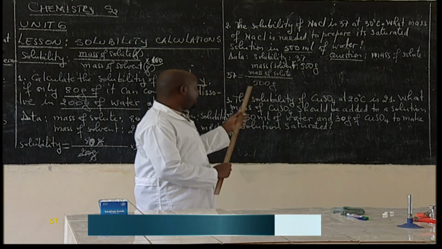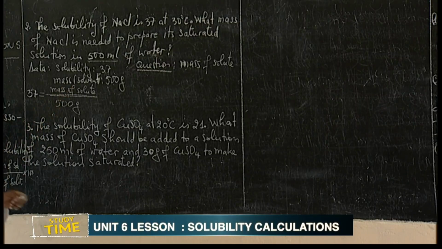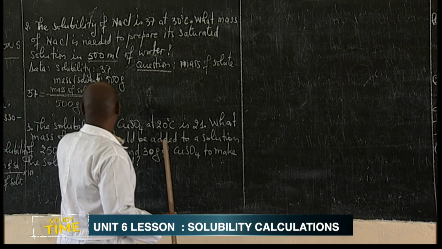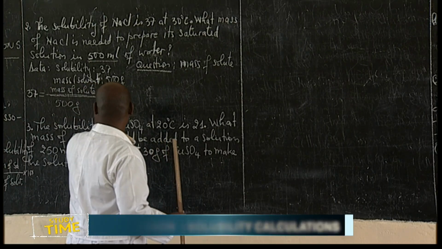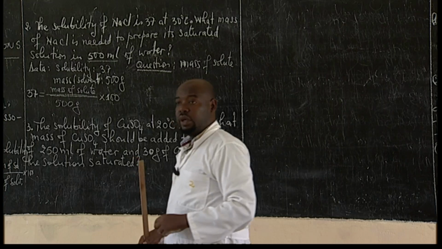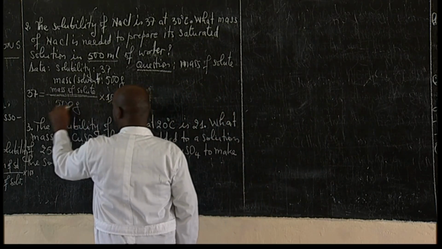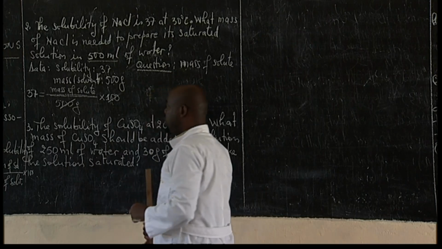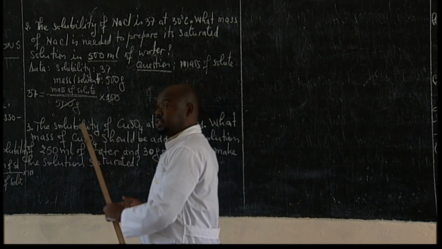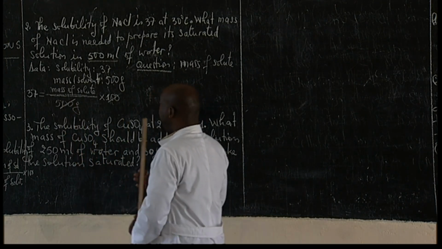This 500 is mass of solvent, times 100. And what do we get from this? 100 and 500, we simplify and we get 5.